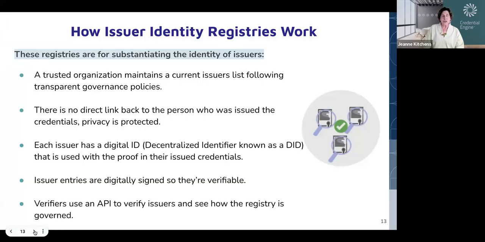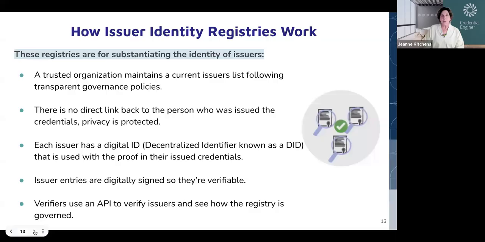So as we've established, we're calling it an issuer identity registry because it really is about the leg of the journey of substantiating the identity of issuers. And this is an essential part of trusted verifiable credential ecosystems. So how they work: a trusted organization maintains a current list of these identities and follows transparent governance policies.